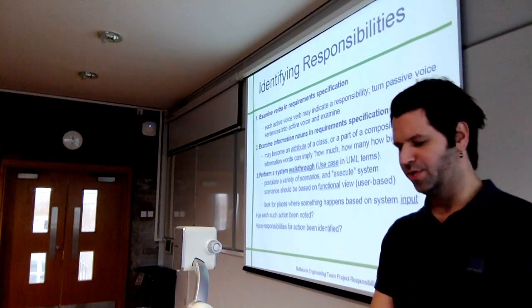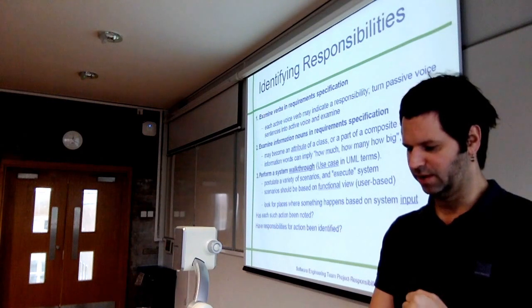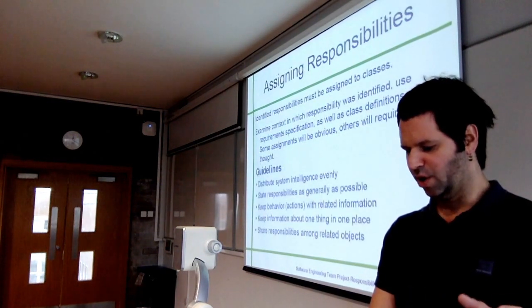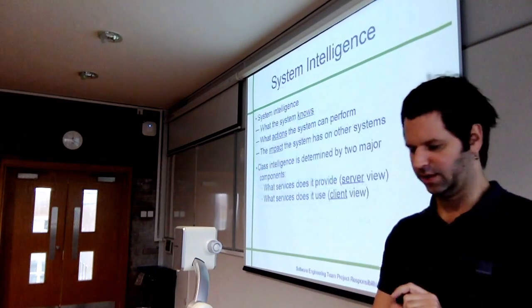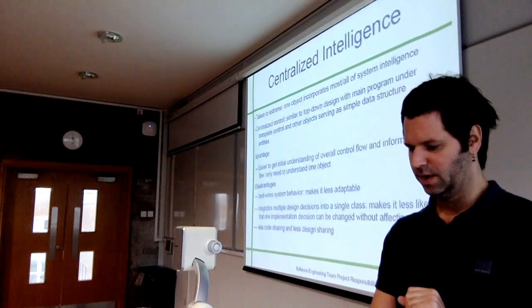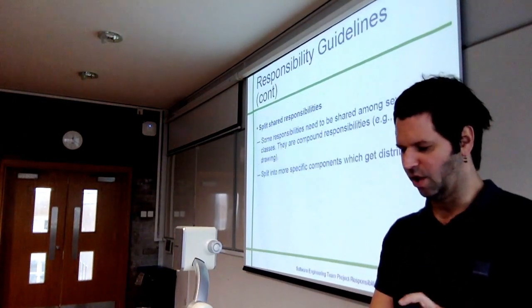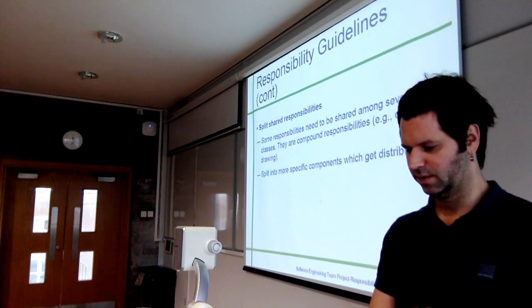And we went through the rules and guidelines of identifying responsibilities, right? And then we go through the process of trying to assign responsibilities to objects, right? And we try to distribute the intelligence amongst a collection of objects rather than centralized intelligence.